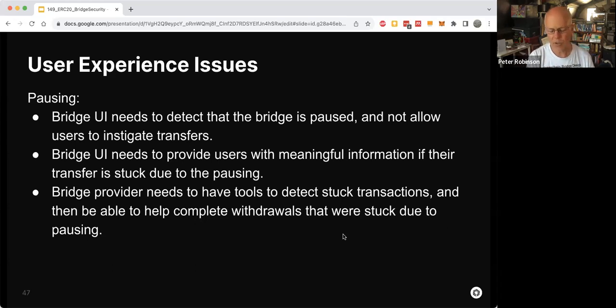Or if the user is just about to do a transfer, you need to surface that to say, hey, at the moment we've paused the bridge, so we're not going to be able to do your transfer. And then whoever's operating the bridge needs to have tools to detect what transactions are in flight and work out what to do with them and how to process them afterwards.